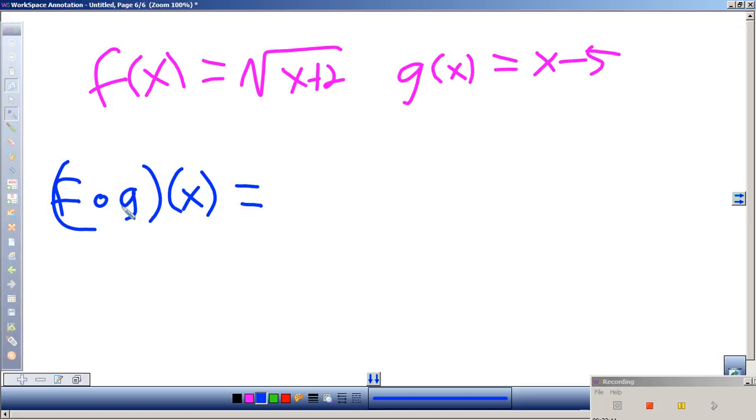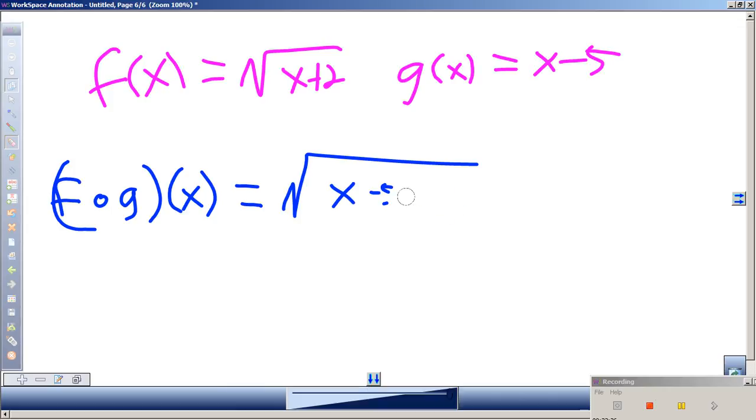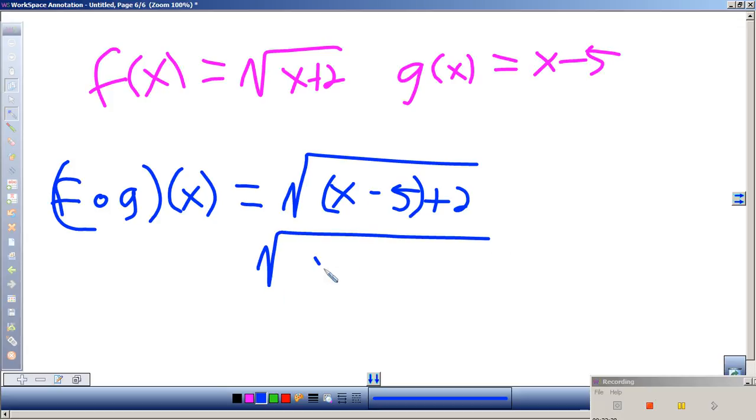What am I going to get for f of g of x? x minus 5, and then square root of x minus 5 plus 2. Do the parentheses actually do anything for us? So you could put this here, but it doesn't actually gain anything. So what am I going to get?